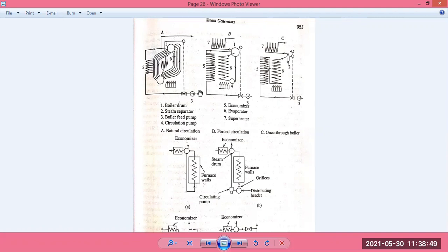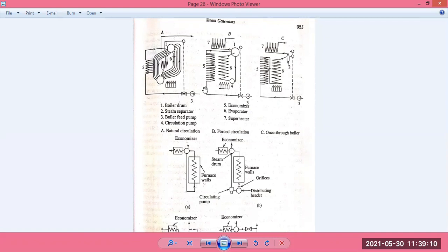Natural circulation. Now, boilers with forced circulation by a special pump, called La Mont boilers, are shown in type B. Here we have a boiler feed pump itself.